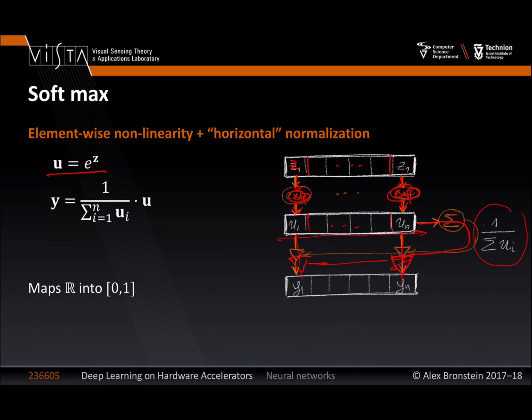That's why softmax, unlike the sigmoid, for example, is not an element-wise nonlinearity, and it maps Rn to the probability simplex. Okay, and as I said, it is usually put as the output layer for classifiers. In this way, we guarantee that the output will always be a probability distribution.